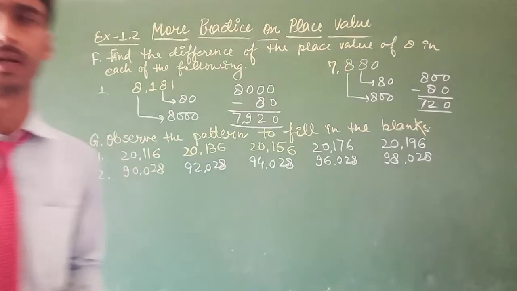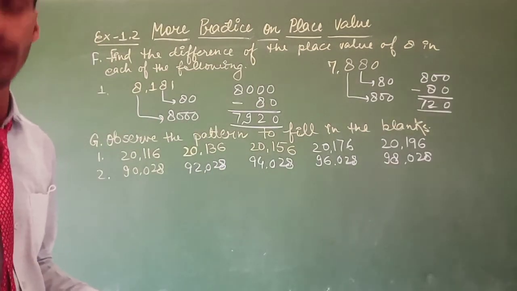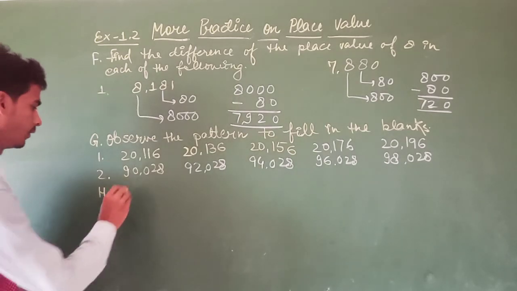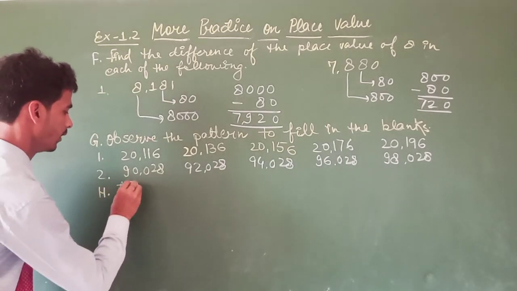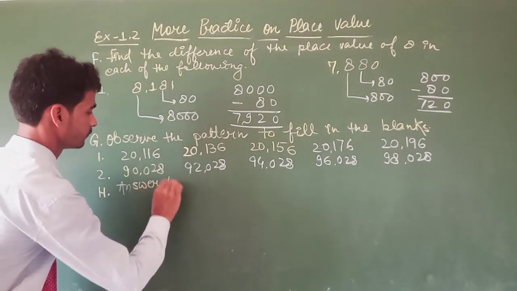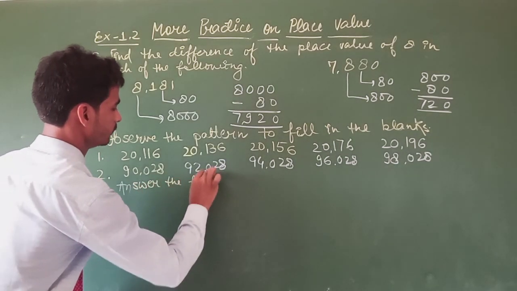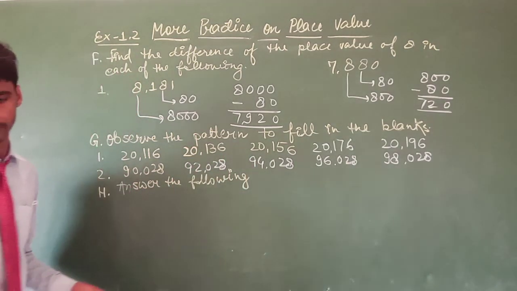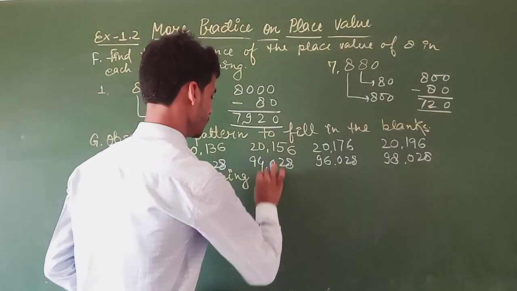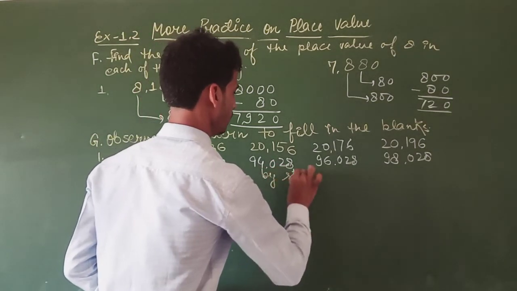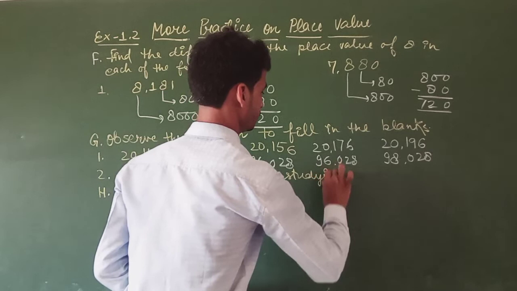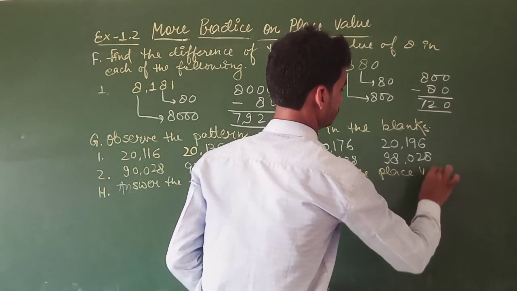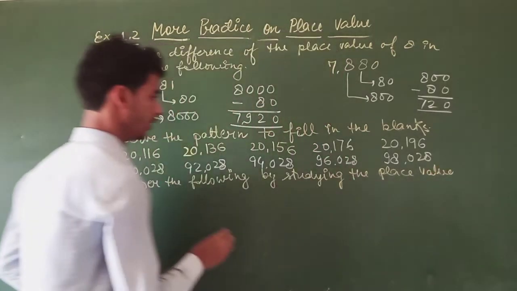Now the next question, question number H: answer the following by studying the place value of the digit.